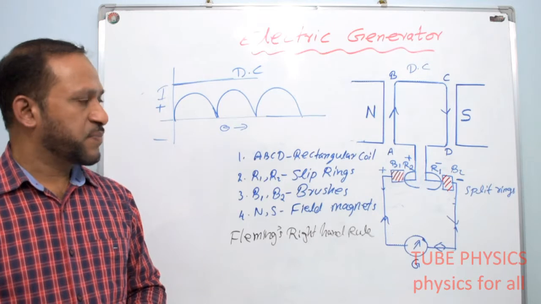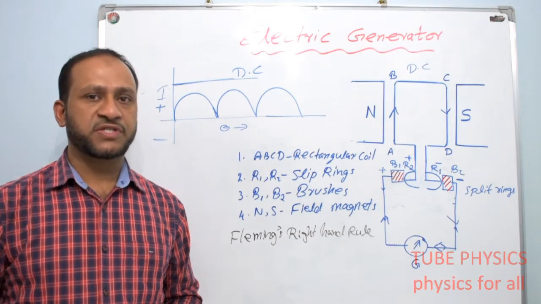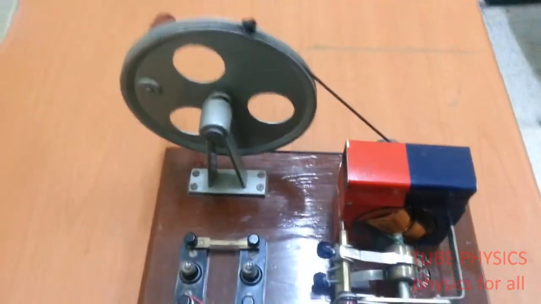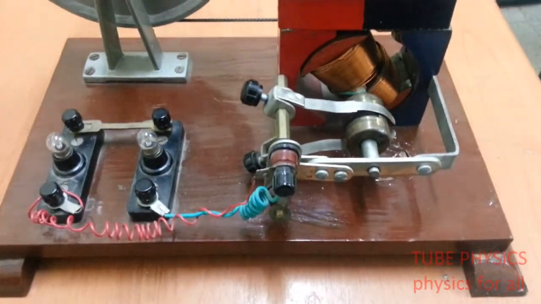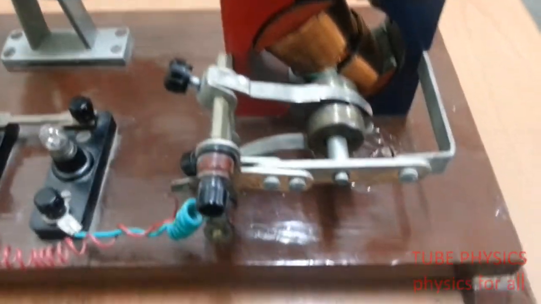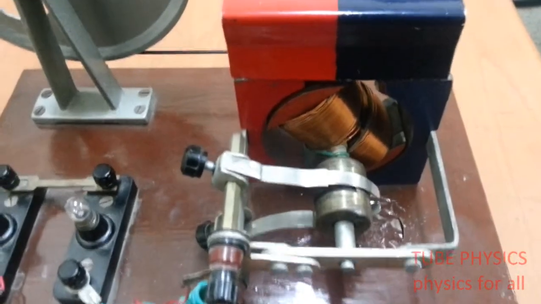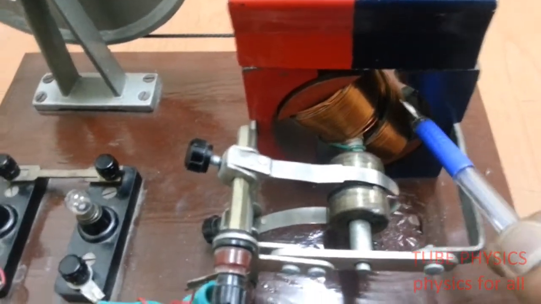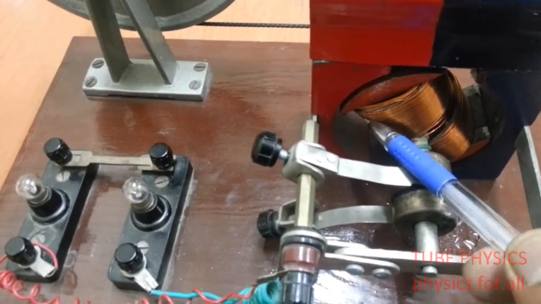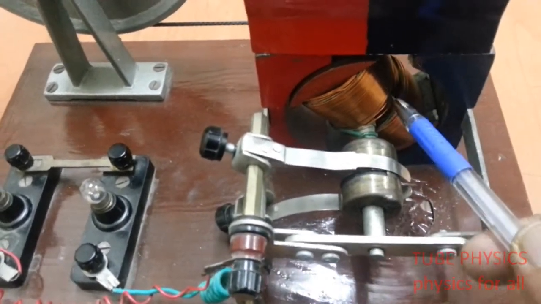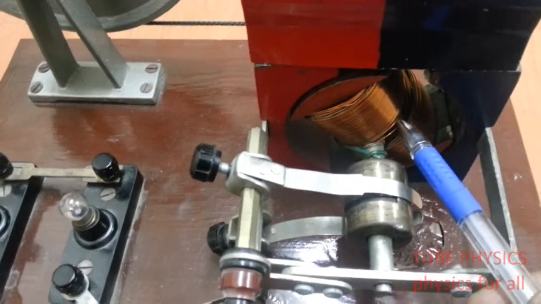Now you can see the demo of the working of the generator. Okay, this is the generator. It consists of an armature. This is the armature. It is insulated copper wire wound on a soft iron core.